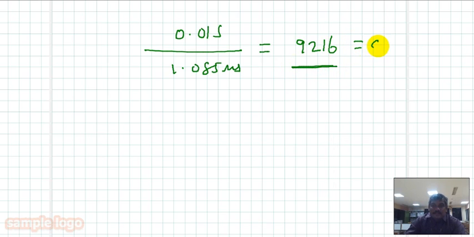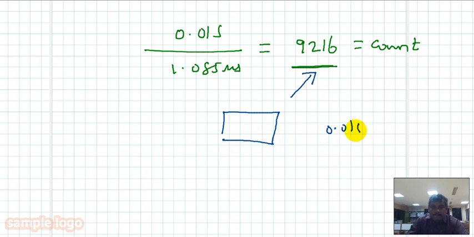This is nothing but the count. Can you understand what the count is? If the timer counts 9216 pulses, the timer can generate a 0.01 second delay, because the input to the timer is 1.085 microsecond.